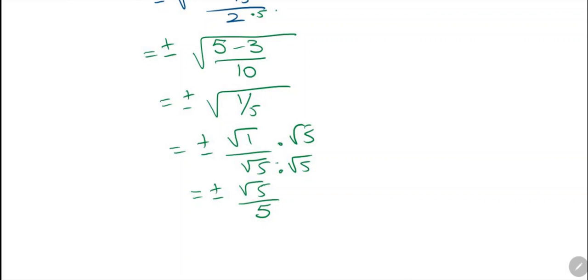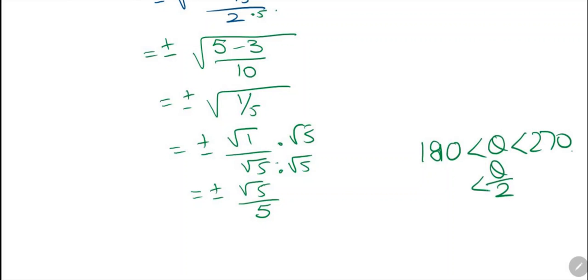Now, if our angle is in quadrant 3, our angle is between 180 and 270. So our half angle is going to be between 90 and 135, which is quadrant 2.